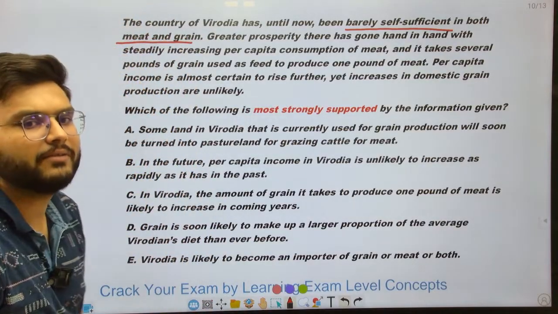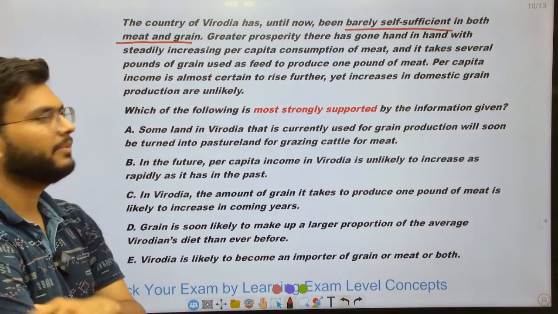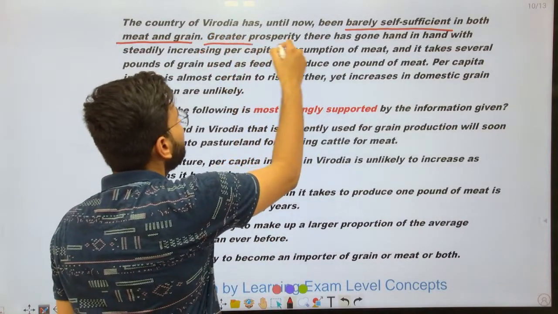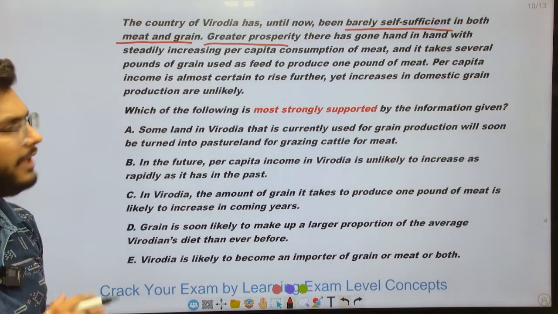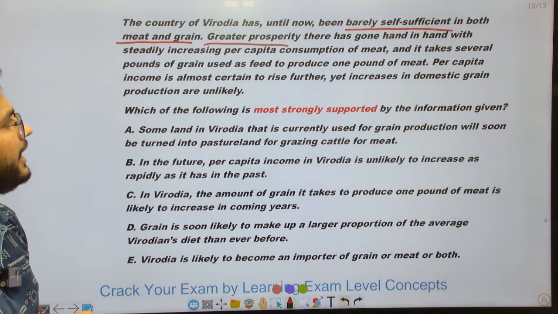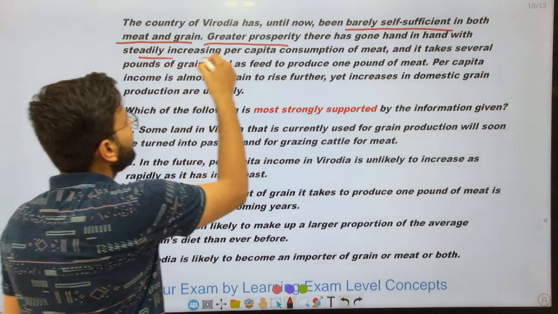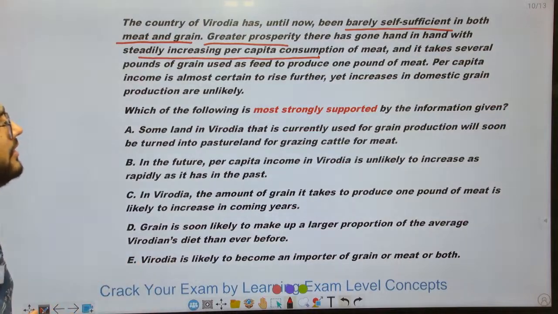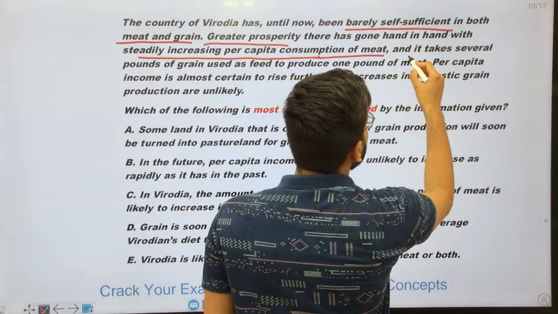But greater prosperity came, which means their economic conditions might have improved. It has gone hand in hand with steadily increasing per capita consumption. Per capita consumption means per person consumption of meat.